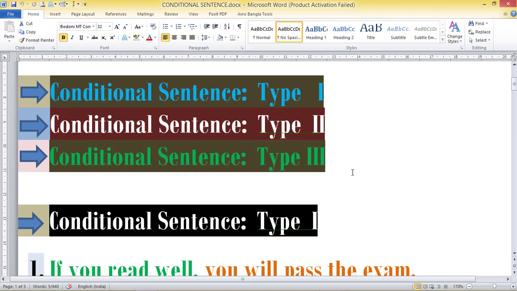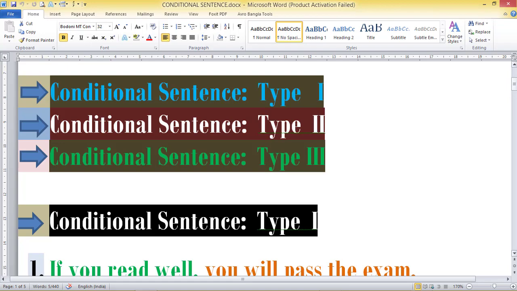In each type of conditional sentence, different forms of tense are used, and we have to know which form of tense is used in a particular type of conditional sentence.